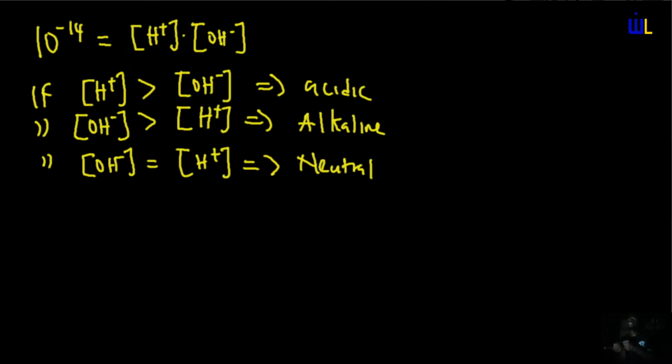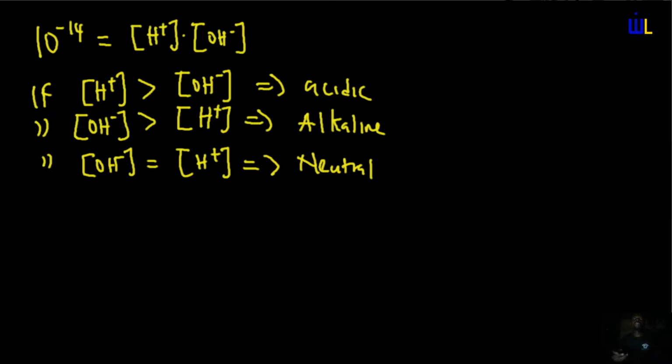If hydroxyl is now greater, the alkalinity will overpower it. But if they are equal, they balance off. The acidity cancels the alkalinity, and once acidity cancels alkalinity, it becomes neutral. So once their concentrations are the same, automatically you have a neutral solution.